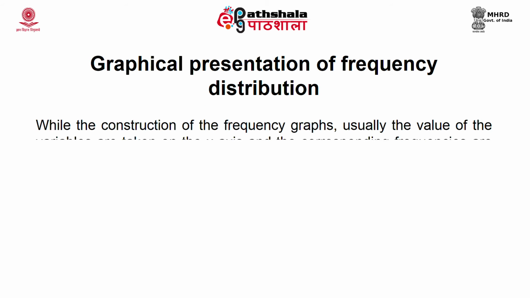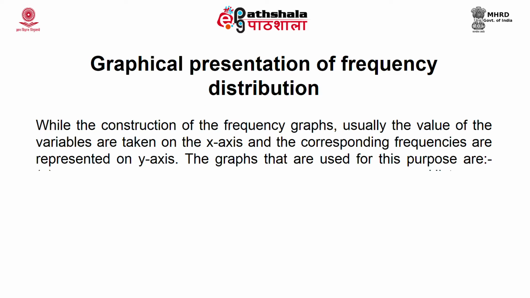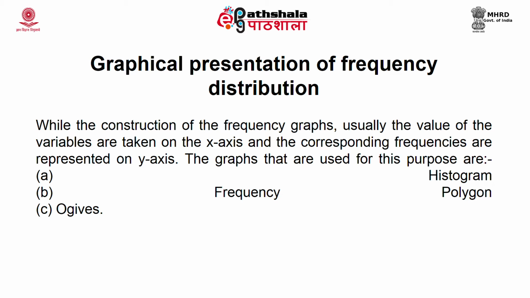In the construction of frequency graphs, usually the values of the variable are taken on the x-axis and the corresponding frequencies are represented on the y-axis. The graphs used for this purpose are histogram, frequency polygon, and ogives.